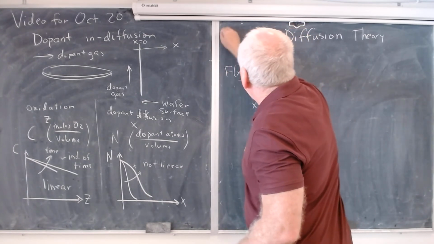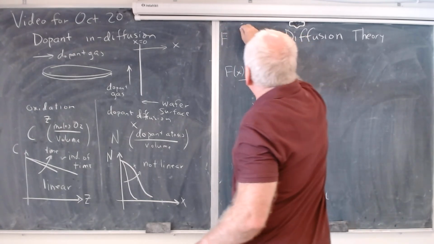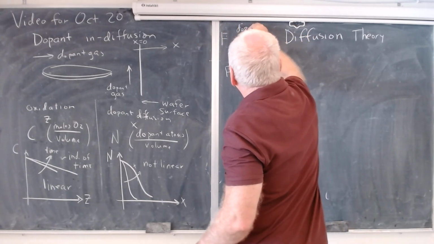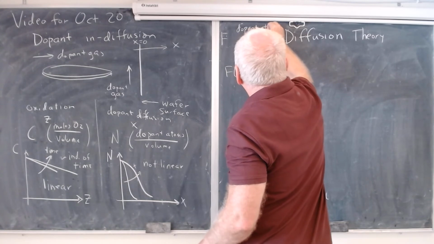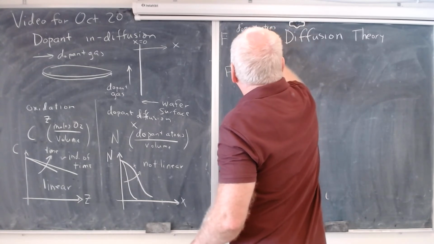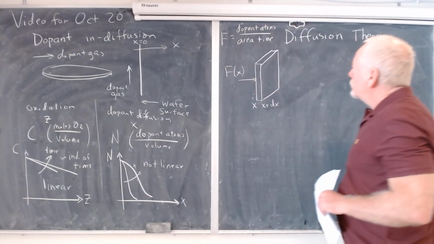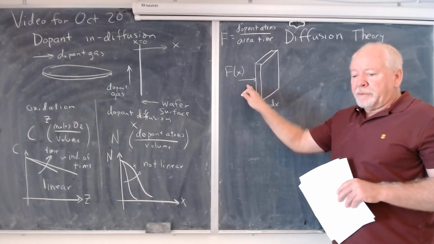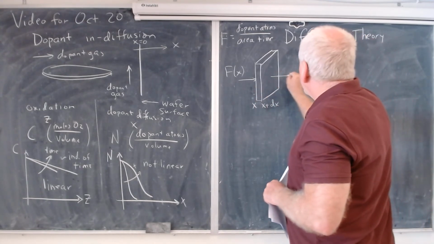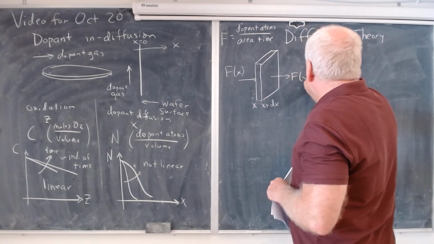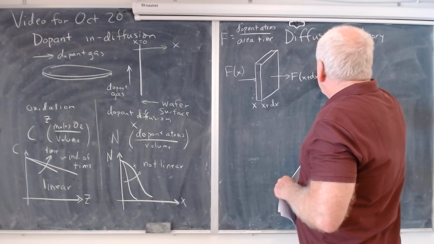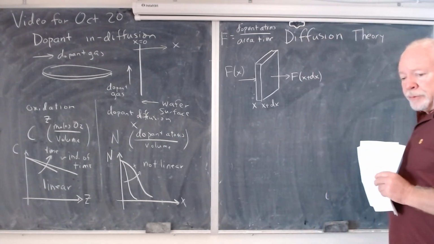Now remember, F here is dopant atoms per unit area per unit time. So we're going to have a flux at x, and we're going to have a flux at x plus dx. And they're not going to be equal to each other.